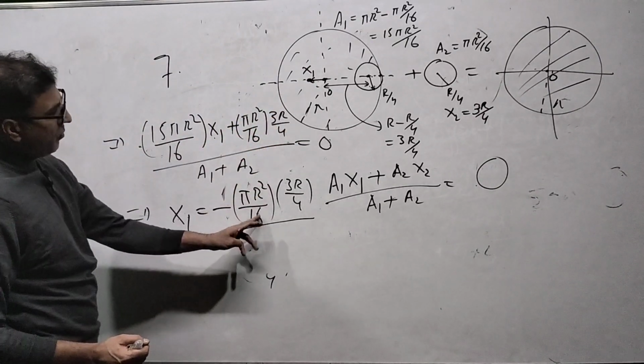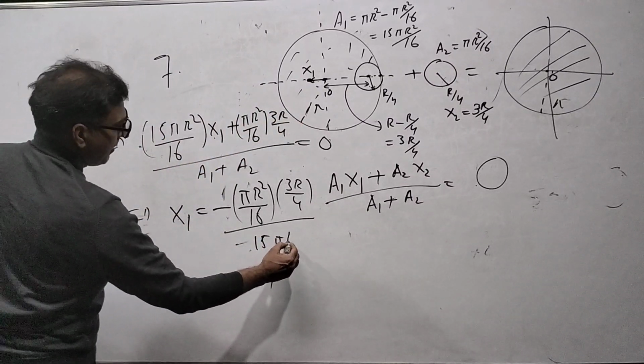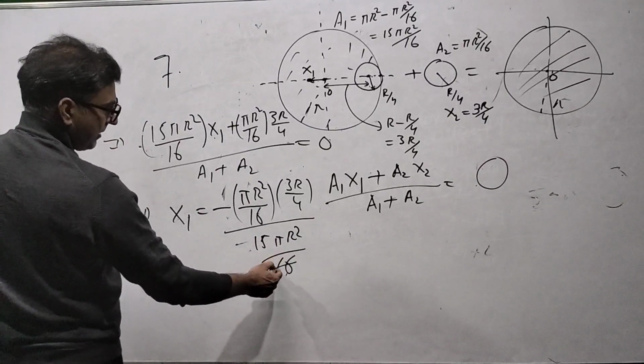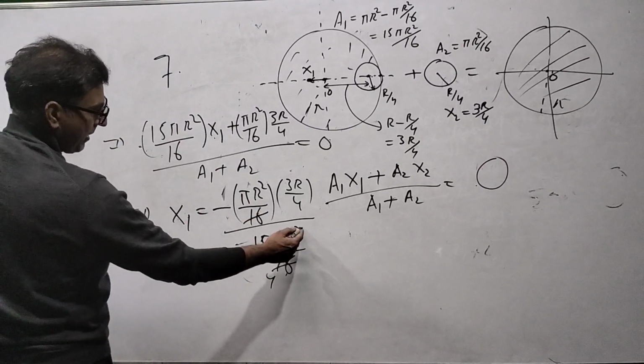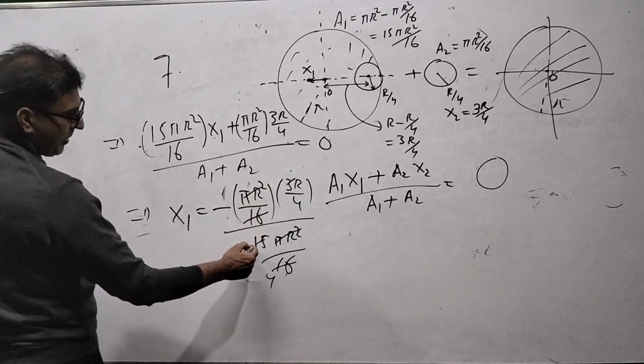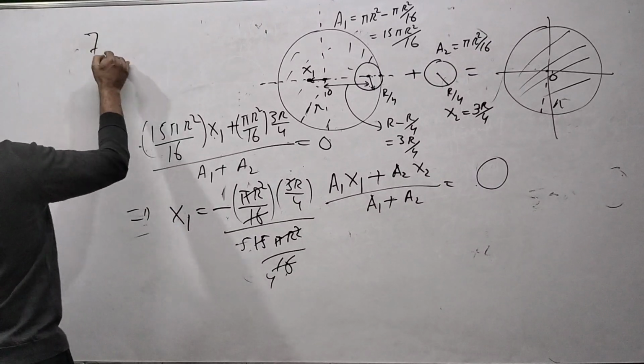तो x1 इसको शिफ्ट करके ये हो गया to the right side, और ये डिवाइड करना पड़ेगा 15 pi r square by 16, खत्म हो गया, इधर pi r square खत्म हो गया, तो 3 5 15, तो what is x1?